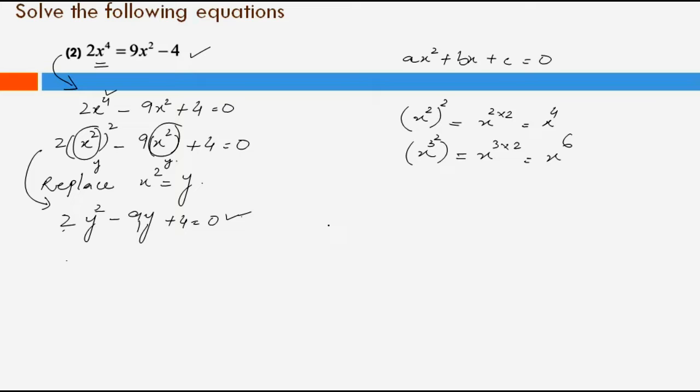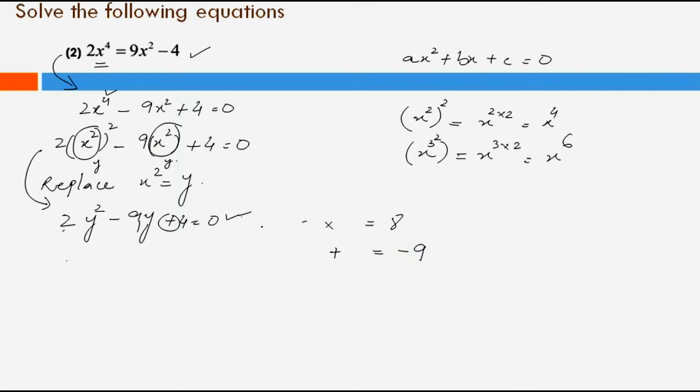You know that in middle term break we have to multiply the coefficients first and last. 4 2s are 8, so after multiplication we must get 8, and after adding these two numbers we must get minus 9.